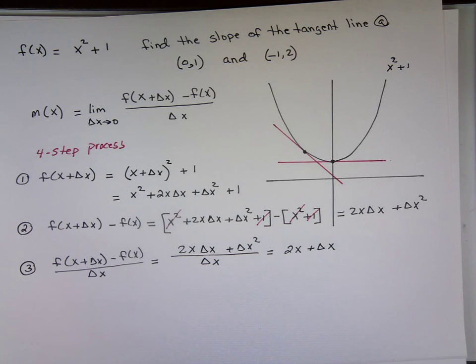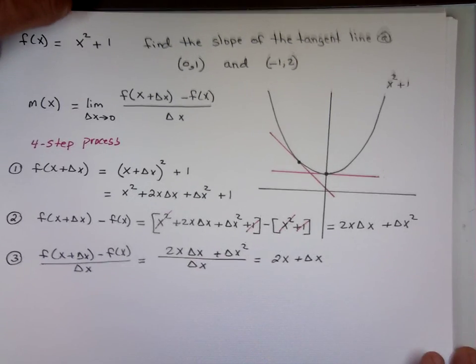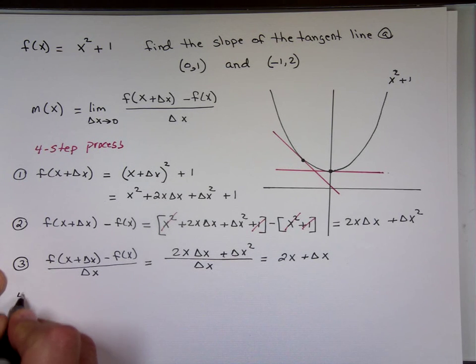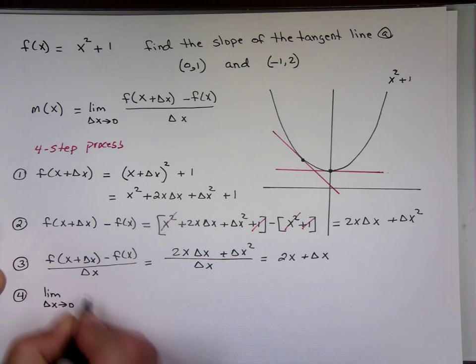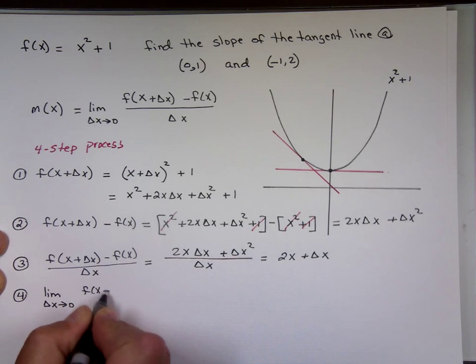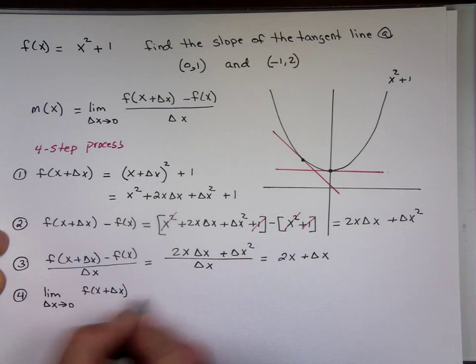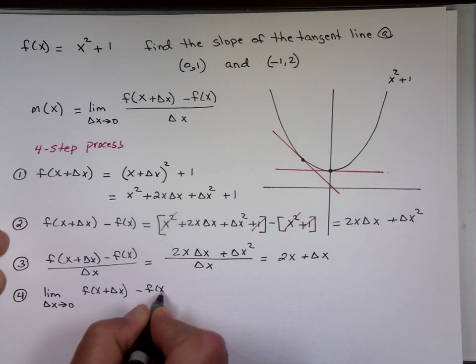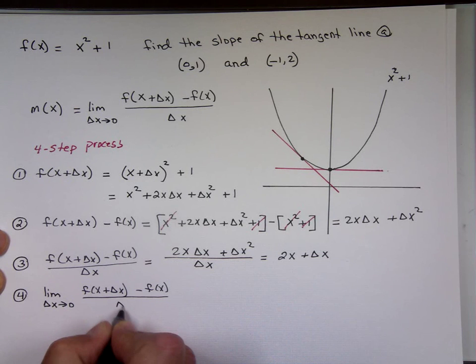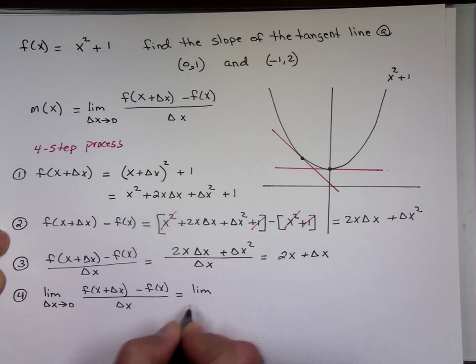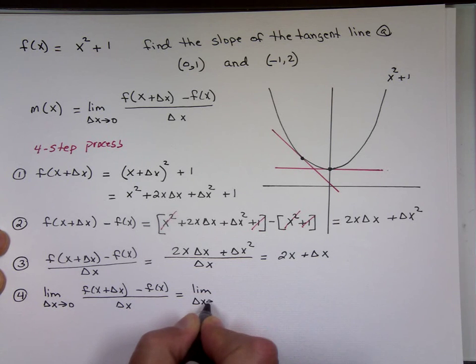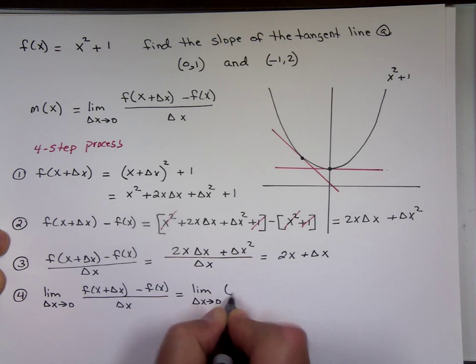And what's the last step? Take the limit as delta x approaches 0 of f of x plus delta x minus f of x, divided by delta x. That's the limit as delta x approaches 0 of 2x plus delta x.